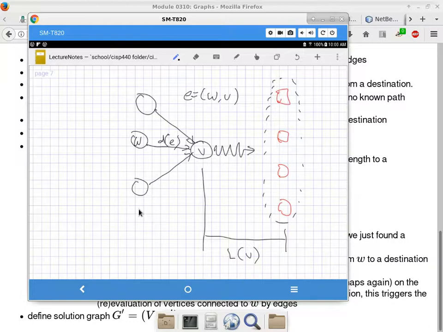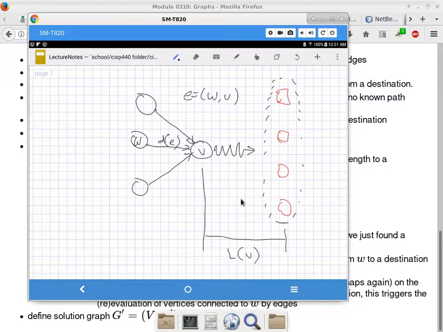So what is the significance of D of E plus L of V? When we look at the distance of this edge plus the length of the known shortest path from V to the closest destination, what is that telling you? That's the L of W. It maybe, okay, I like that comment. It may be L of W, but it certainly is a distance, right?